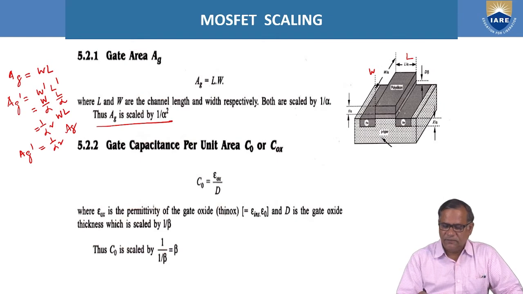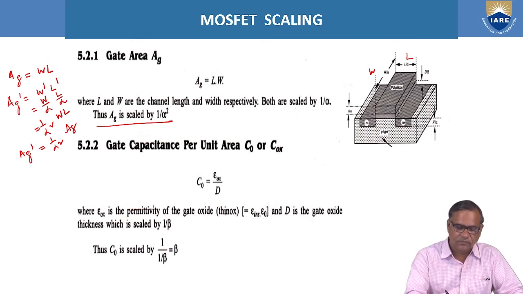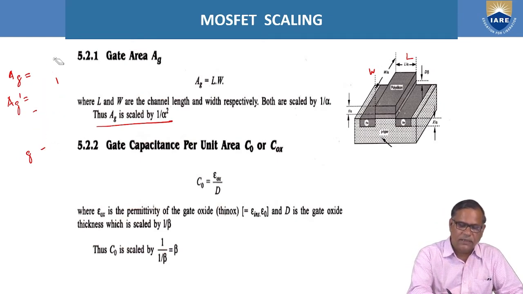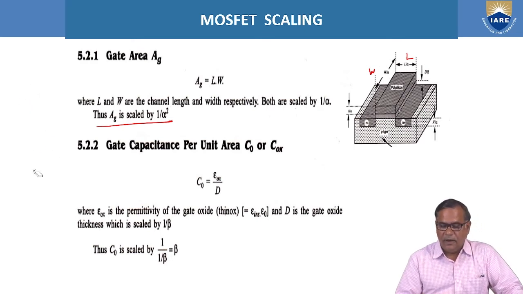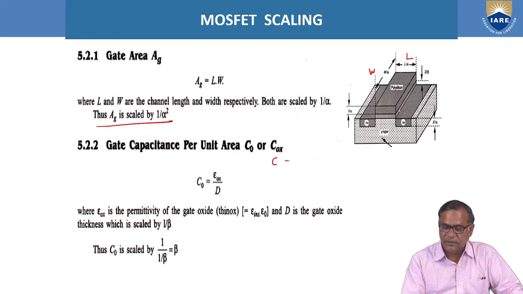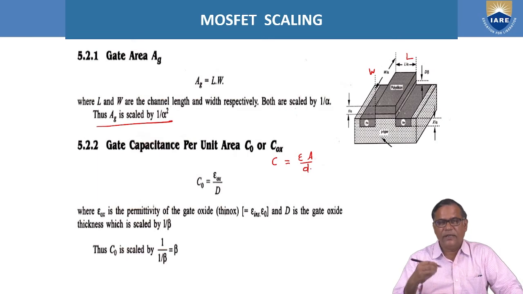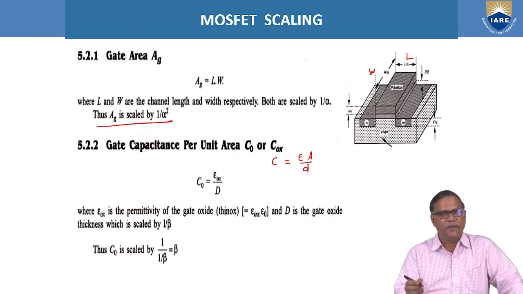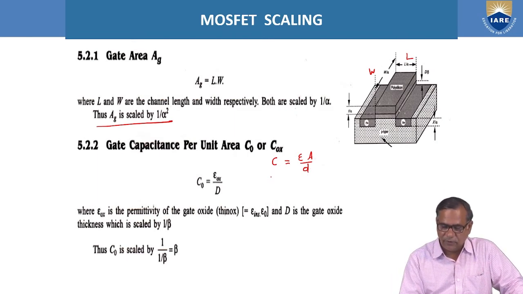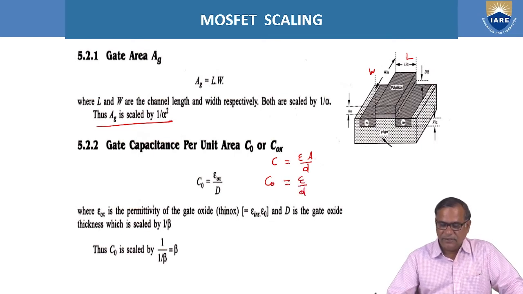And what is the standard formula for capacitance? The standard formula is C is equal to epsilon A by D. And what is the unit area gate capacitance? Capacitance per unit area, I am going to call it C naught. So that is going to become epsilon by D. What is epsilon?